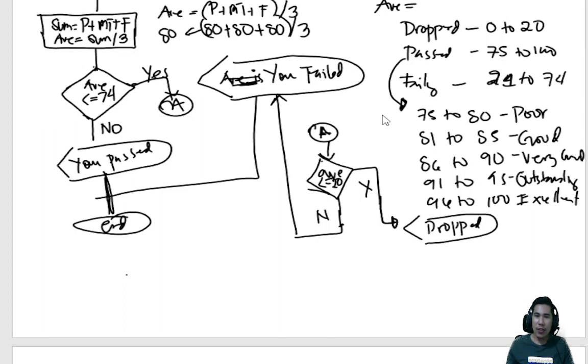So these are another series of decisions, yes or no. This is actually one of the activities we will give later in your lab activity. Okay? So let's skip that and let's have another example.